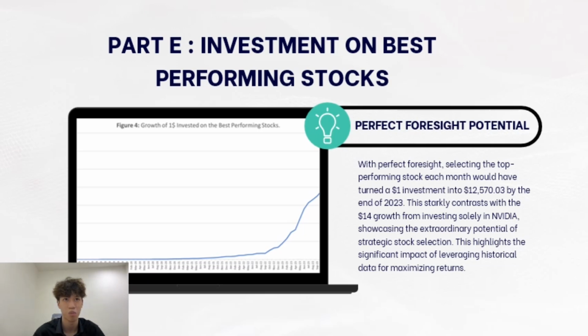In comparison, investing in NVIDIA alone would have grown to approximately $14. This shows the significant difference that perfect investment could make. This emphasizes the value of historical data for optimizing investment returns, even though perfect foresight remains a theoretical concept.